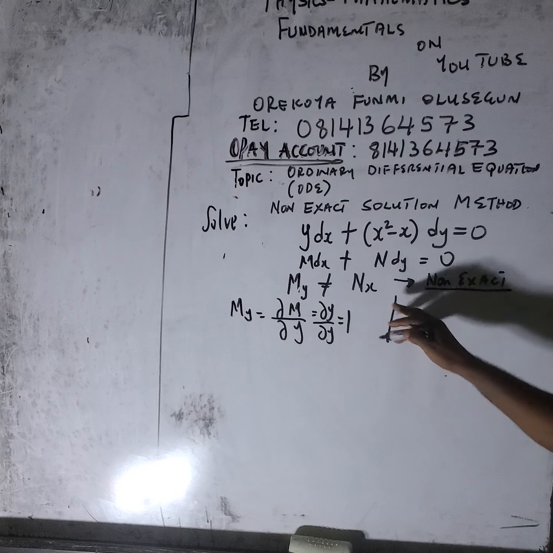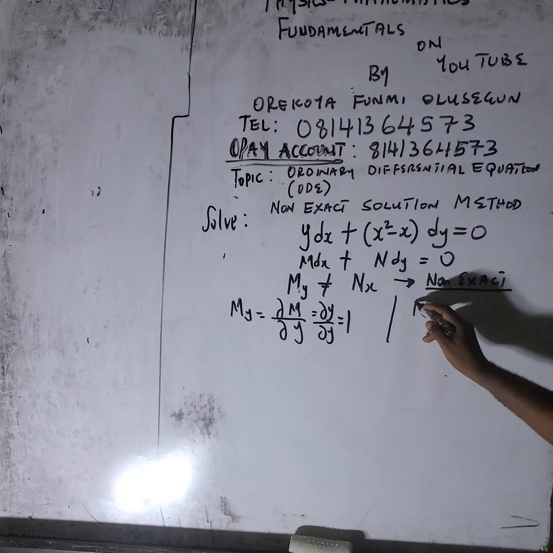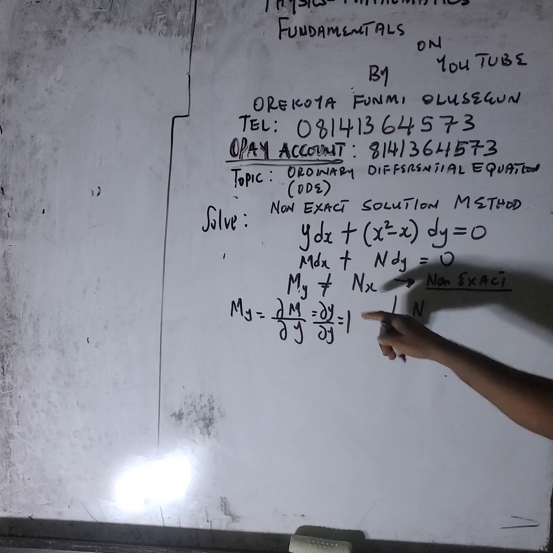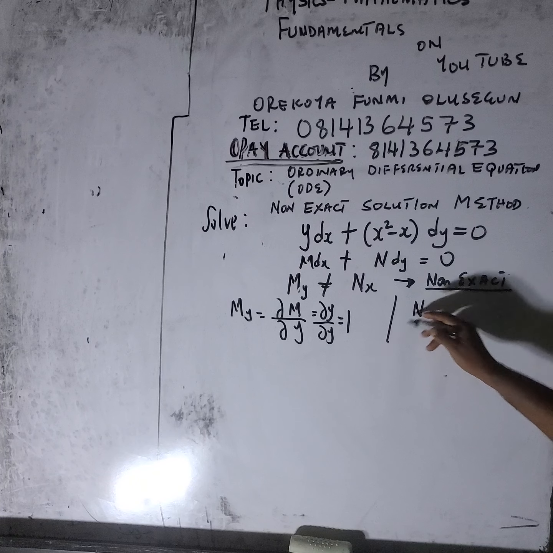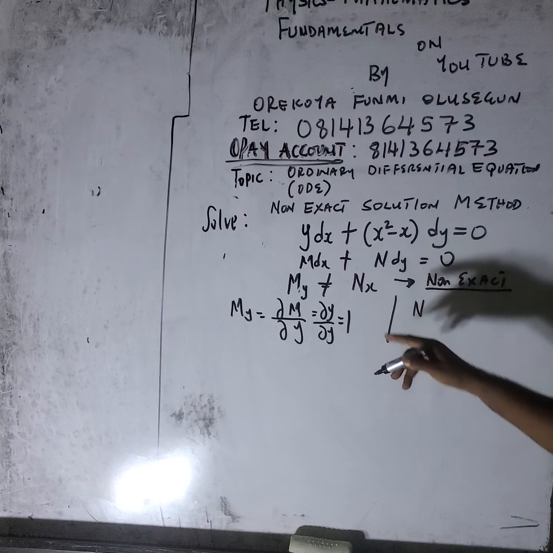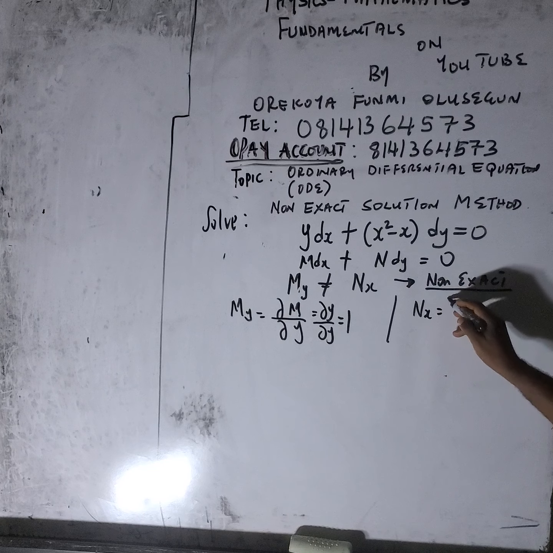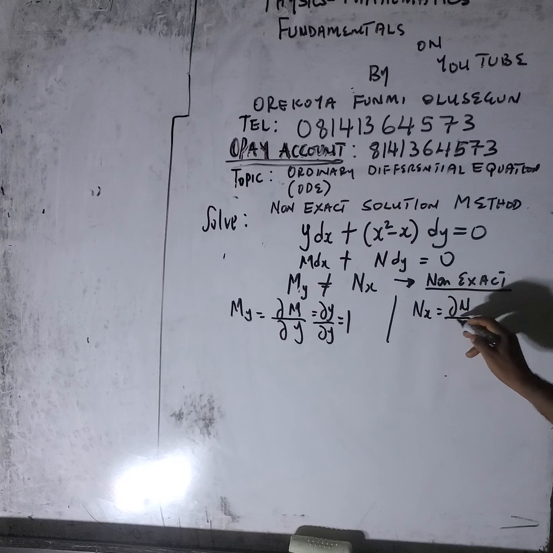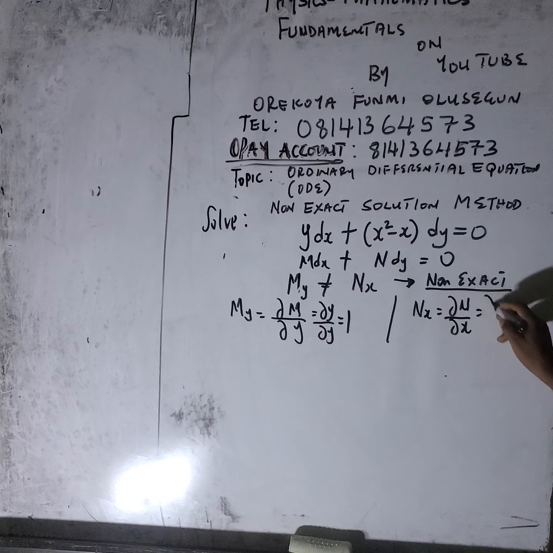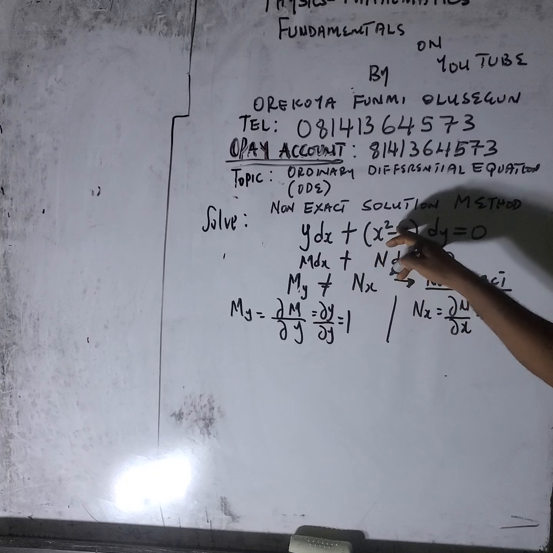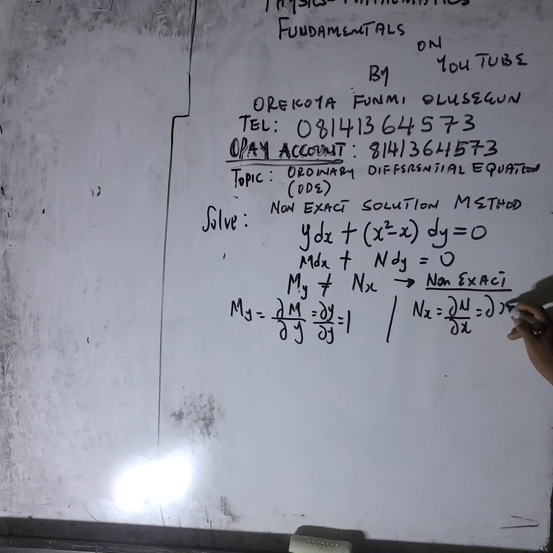Then I want to compare with the partial derivative of this particular expression N with respect to x, which is delta N over delta x, where our N here is x squared minus x, with respect to the variable x.